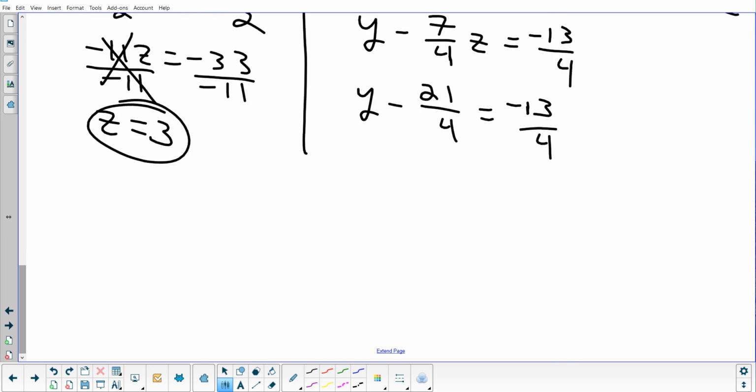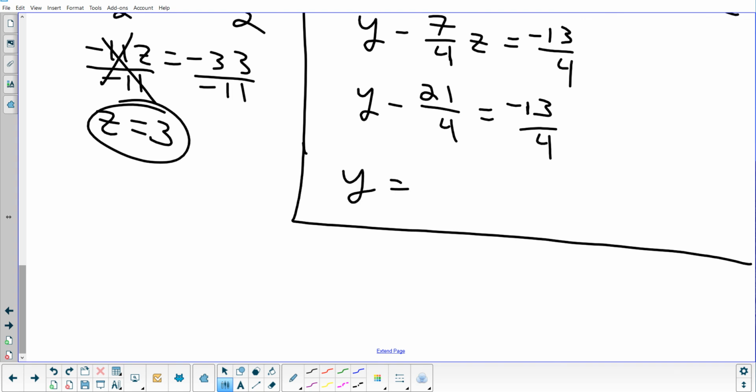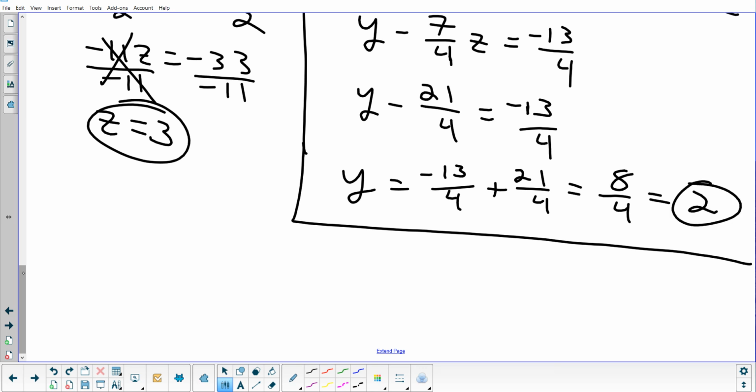And how are we going to move the 21/4 to the other side? Addition. Negative 13/4. What's negative 13 plus 21? 8. So 8/4, which is 2. Y equals 2.